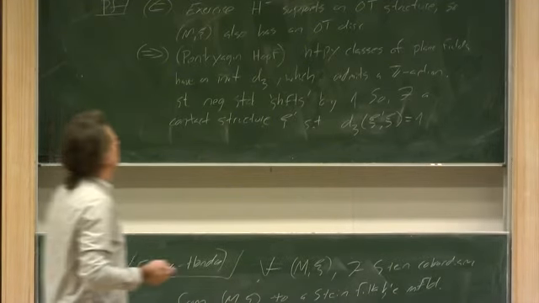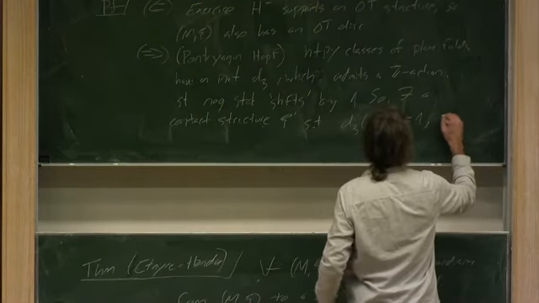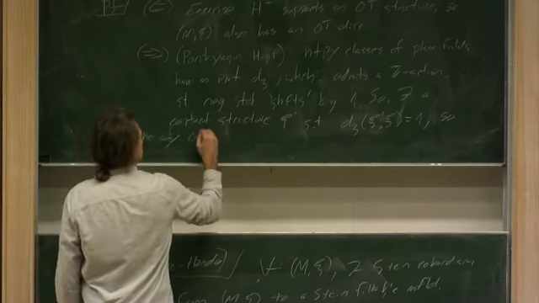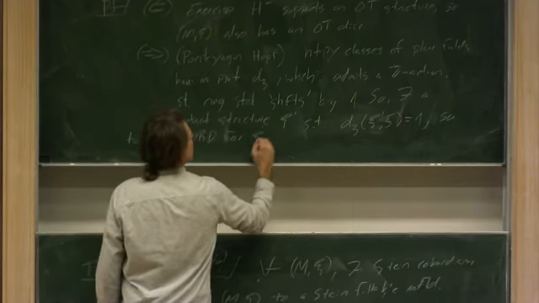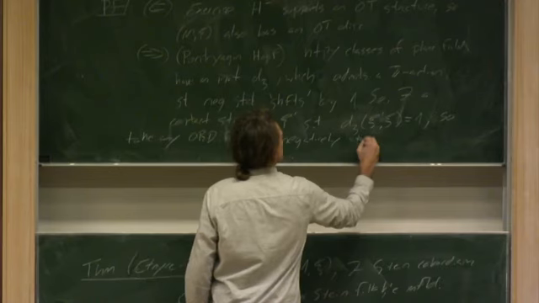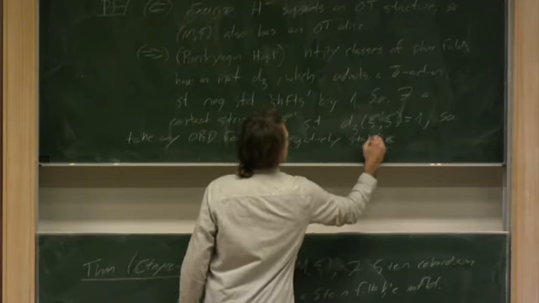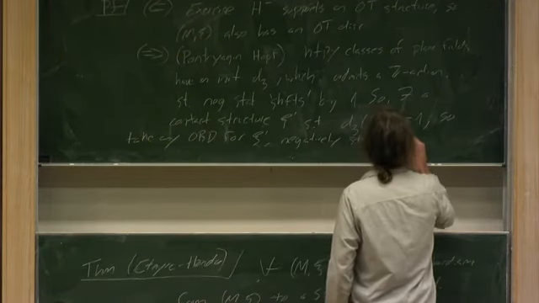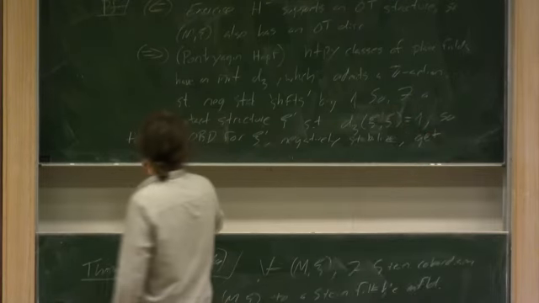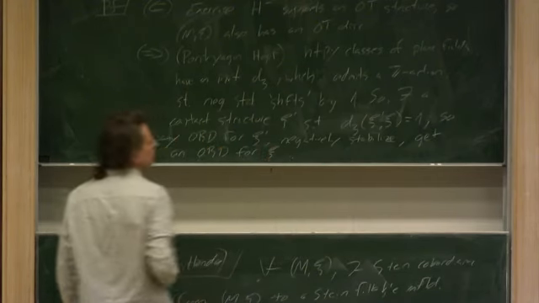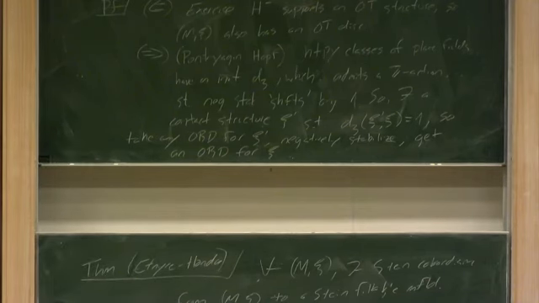So if I take any open book decomposition for C prime and I negatively stabilize it, the result, again, as I said, is over-twisted and is in the same homotopy class as the one I started with, C. So I get an open book decomposition for C, which is what I wanted, a negatively stabilized open book decomposition.